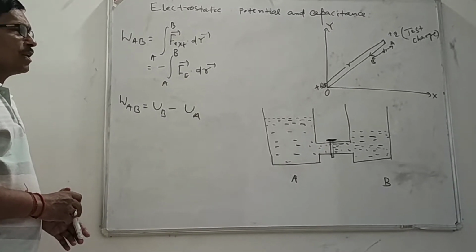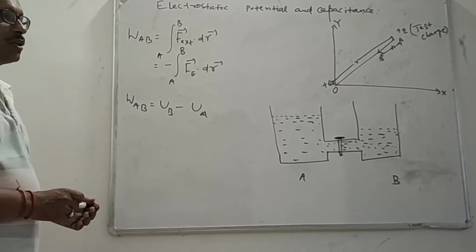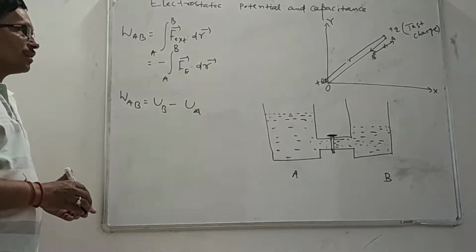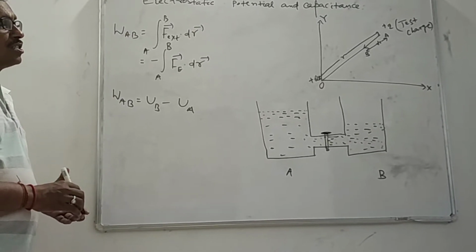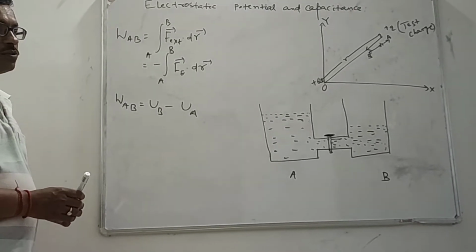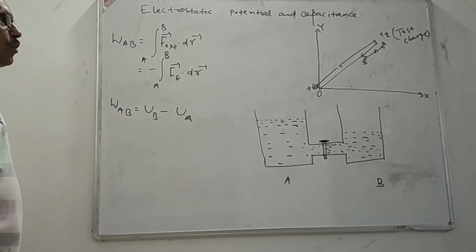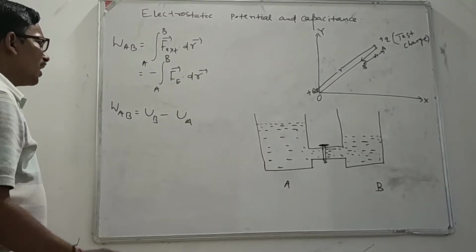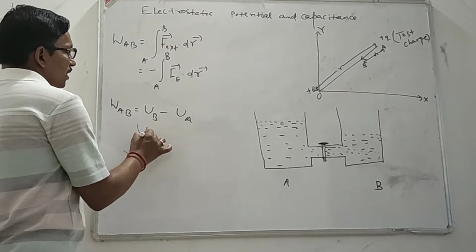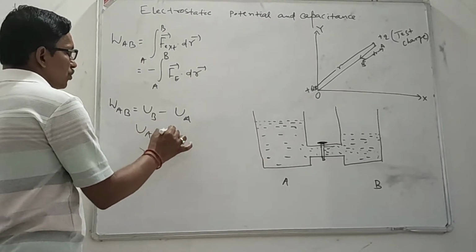So now we have the freedom to choose a point where the electrostatic potential energy is 0. So we can choose point A at infinity and the potential energy U_A is equal to 0.